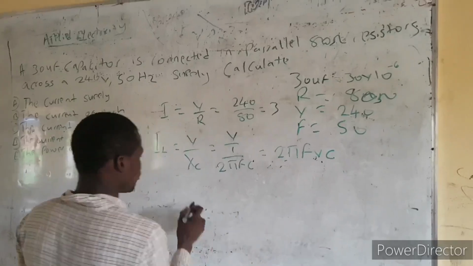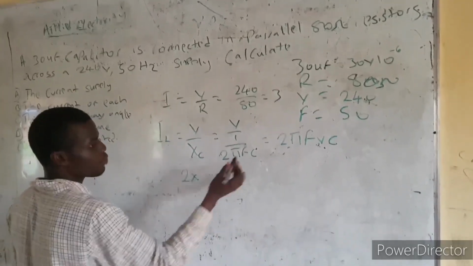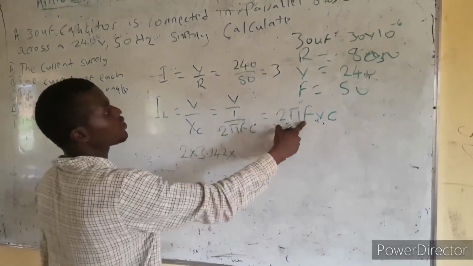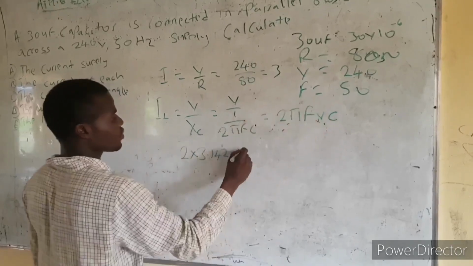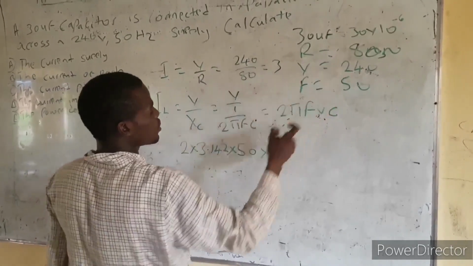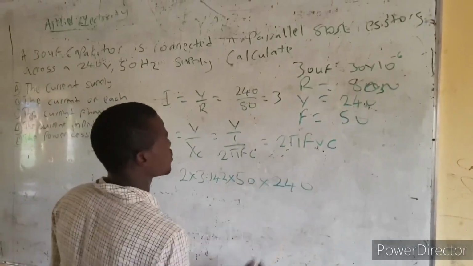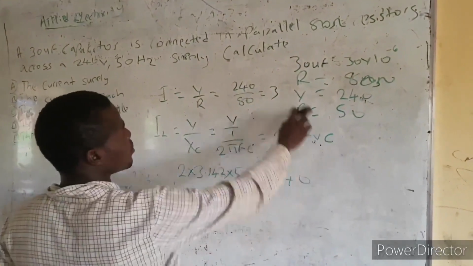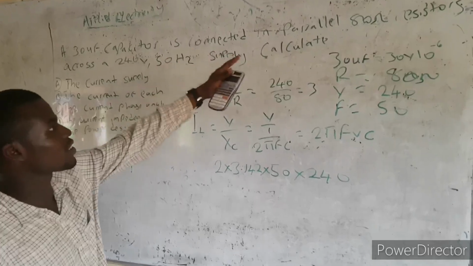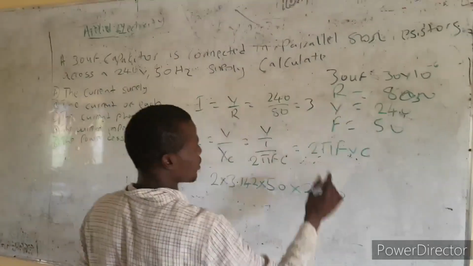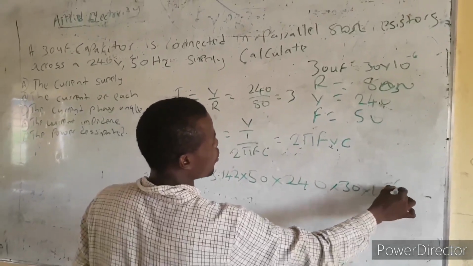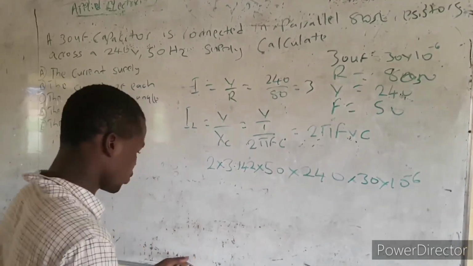Now let's apply this. 2 times pi is 3.142, times frequency, which is 50, times V, which is 240, then the capacitance, 30 microfarad, which is 30 times 10 raised to the power of minus 6, as stated that a 30 microfarad capacitor is connected in parallel.